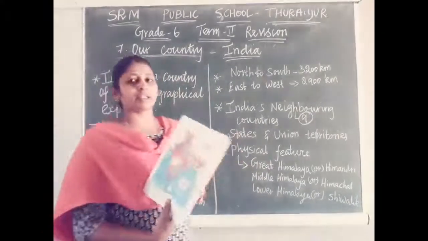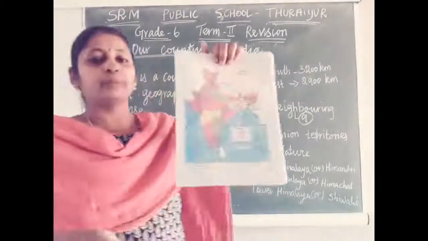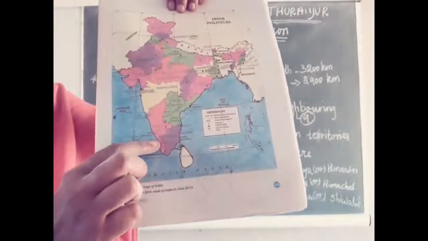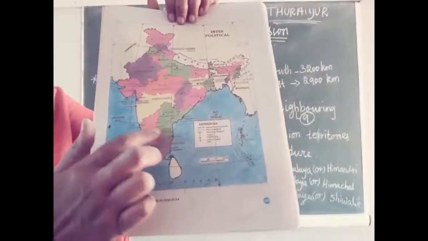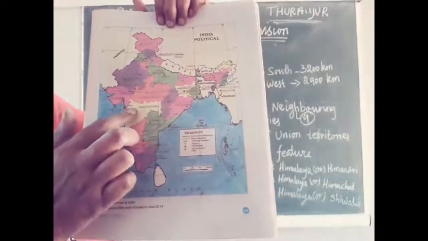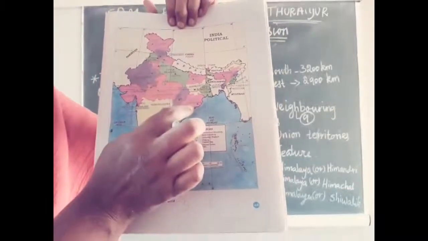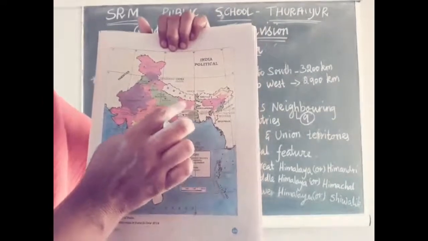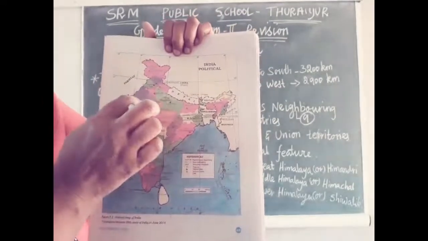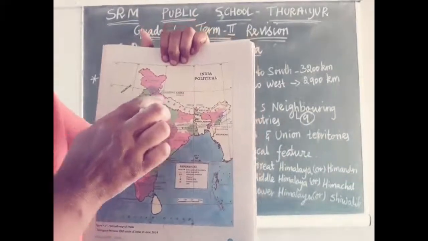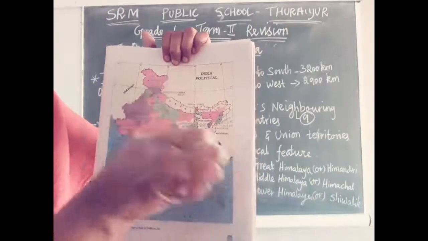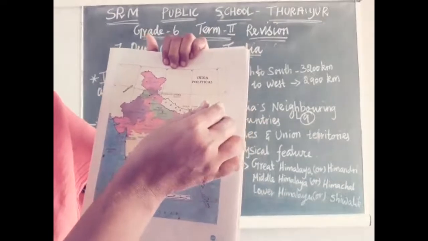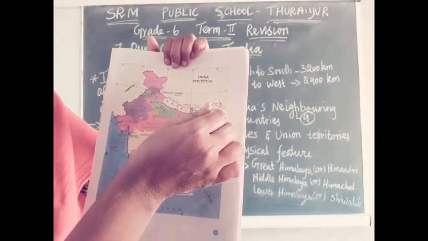So what are the states? Just look at the map. From the south onwards we can move: Kerala, Tamil Nadu, Karnataka, Andhra Pradesh, Telangana, Maharashtra, Chhattisgarh, Odisha, Gujarat, Madhya Pradesh, Jharkhand, West Bengal, Bihar, Uttar Pradesh, Rajasthan, Haryana, Punjab, Uttarakhand, Himachal Pradesh, Arunachal Pradesh, Assam, Sikkim, Nagaland, Manipur, Mizoram.